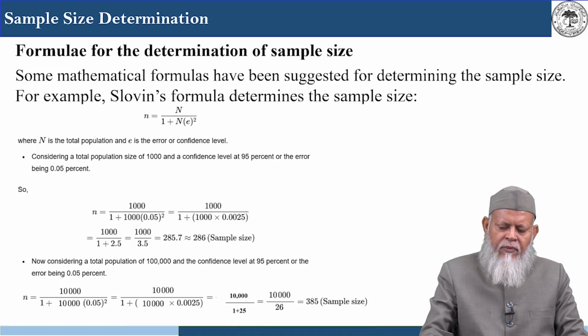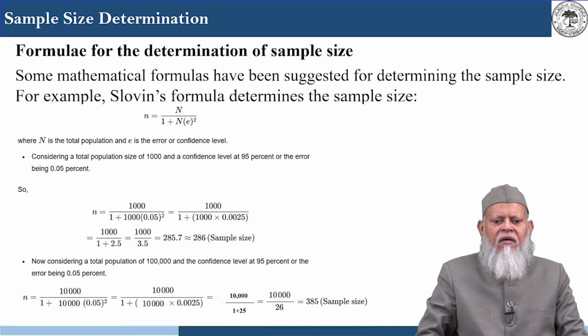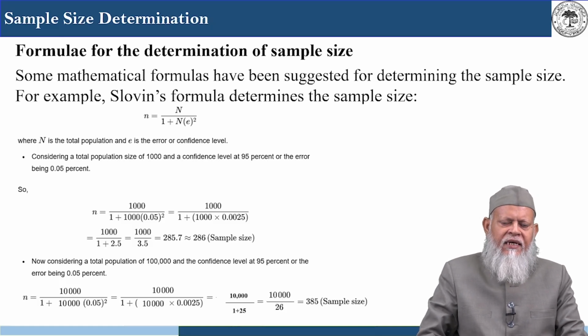Now, considering a population of 10,000, we put the error again as 5%, that is 0.05.